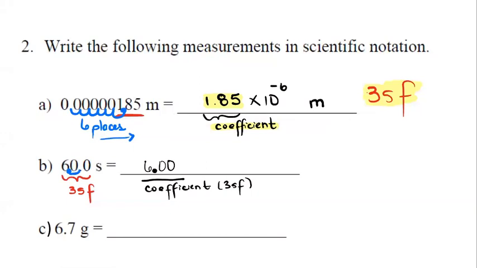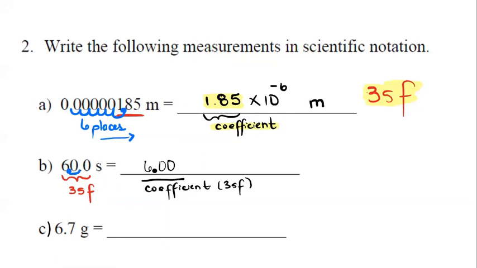So since the digit 6 is the first non-zero digit and the zeros are after it and there is a written decimal place, that's why they're 3 sig figs. Does that answer your question? So remember, zeros are significant if there is a written decimal place and if they are after a non-zero digit.